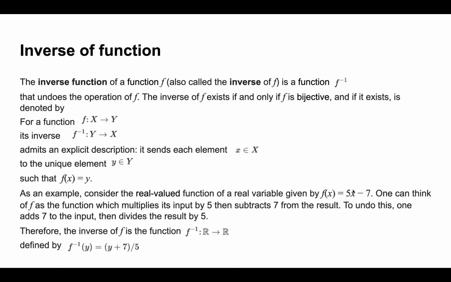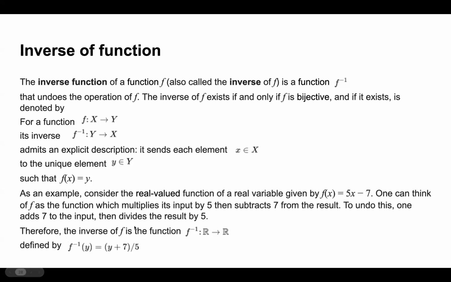Okay, and what will the reverse be? Firstly, 7 will be added to the result, and after adding that 7, whatever the particular answer will be there, that answer will be divided by 5. This will be the reverse of that function.